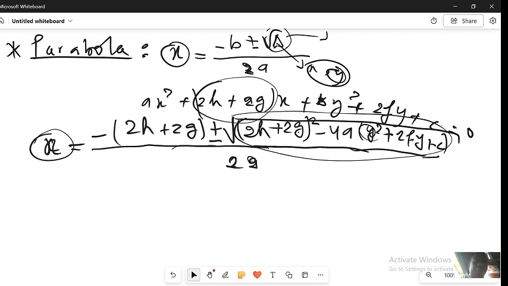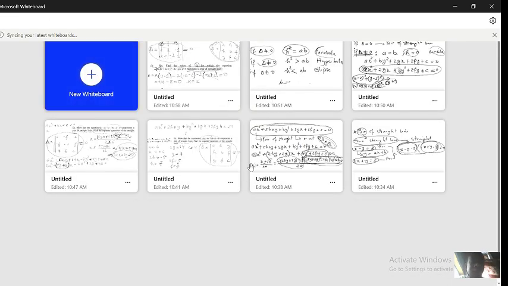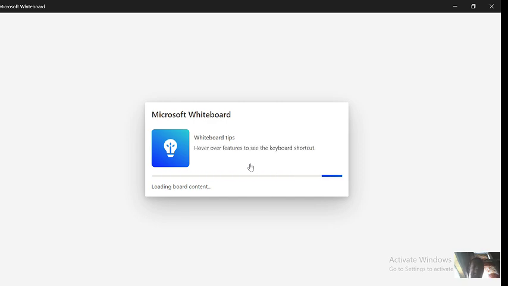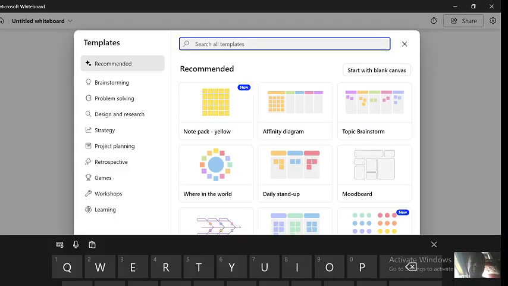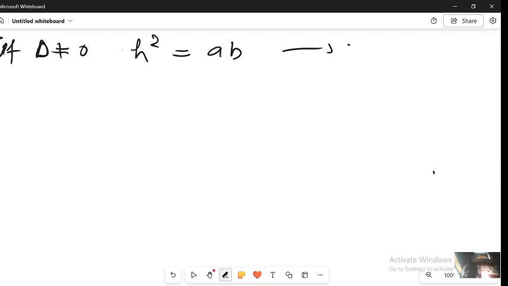Now when we go to the parabola, we already know that in the parabola, delta is different from 0 and h square equal ab.